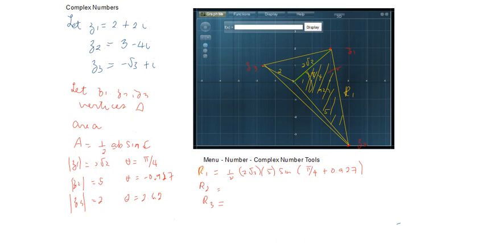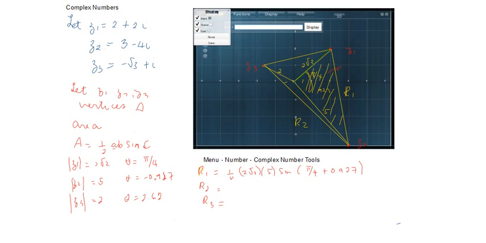And let's say this is our region 2. So what do we know about this angle? Or maybe we can do this first. From this one, wait, this actually is 2.62, right?